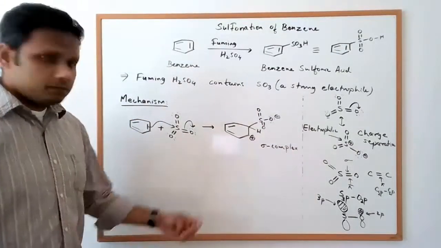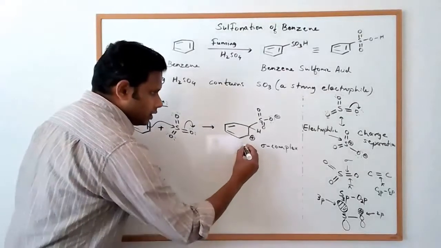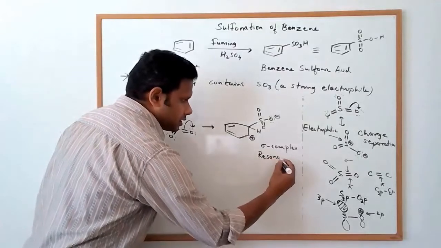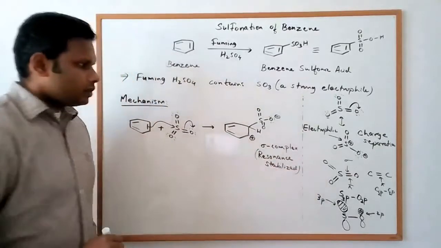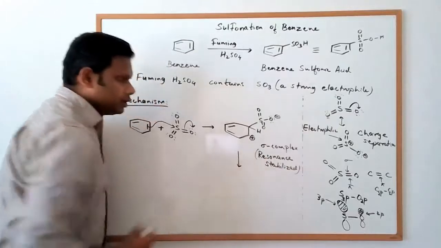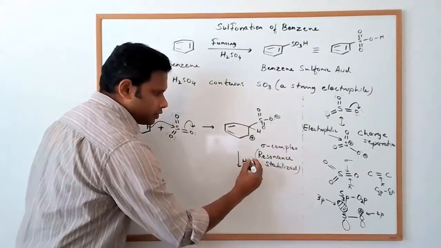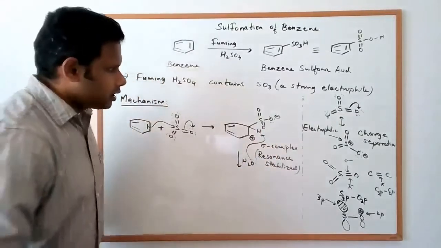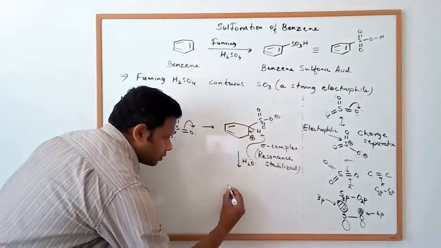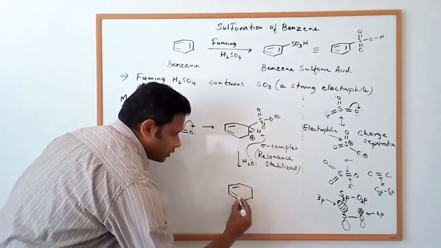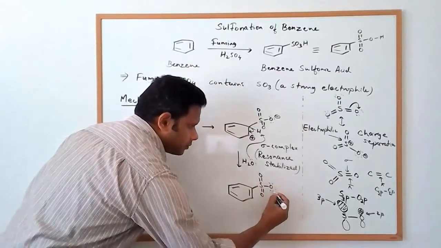And this sigma complex, like other sigma complexes we've seen previously, is resonance stabilized. And so essentially at this point, any base in the system, like water, which could be a solvent here, can come and deprotonate this hydrogen, and electrons from that bond fall into the space to reform the pi bond, so that the molecule is going to regain aromaticity.